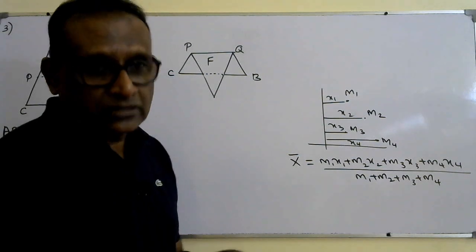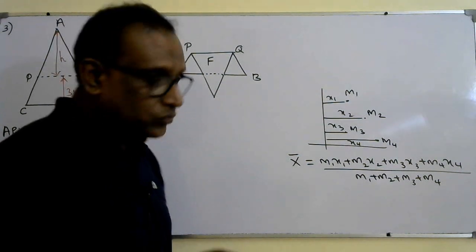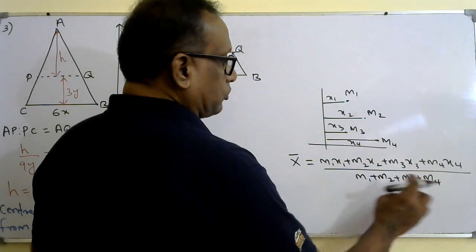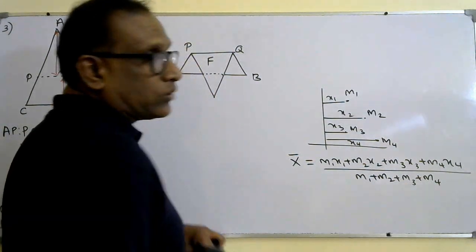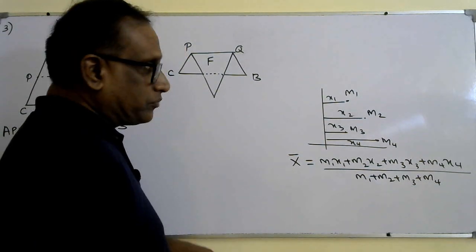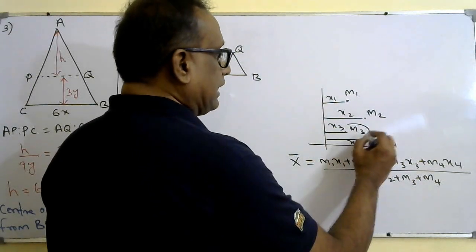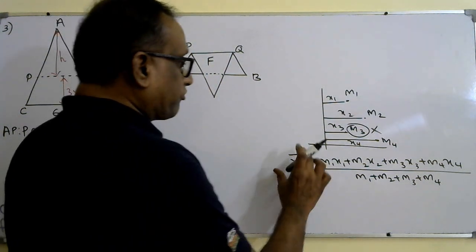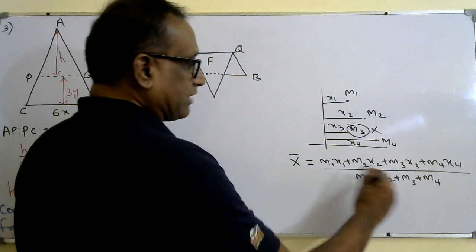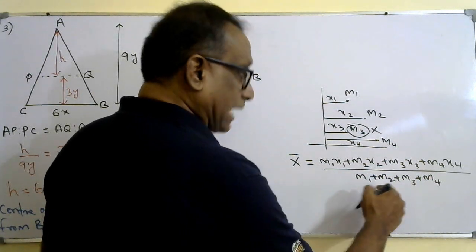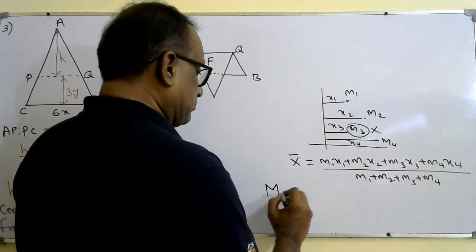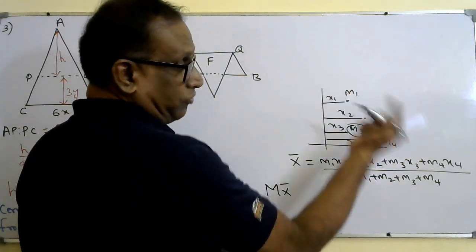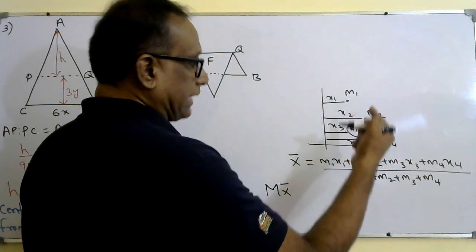I derived it during October 2022 question number 1. How can I show the new center of mass when M3 is removed from the system? It could be shown like this. From the initial center of mass, if I take M1 plus M2 plus M3 plus M4 as capital M, then capital M x bar is the center of mass of the system of four particles.